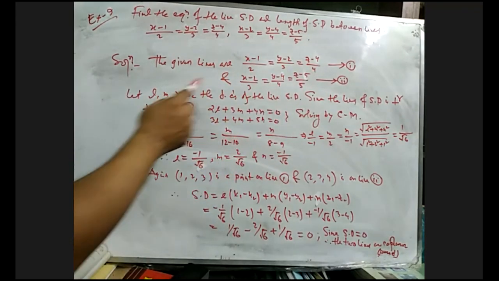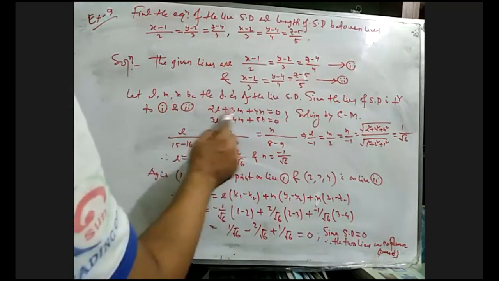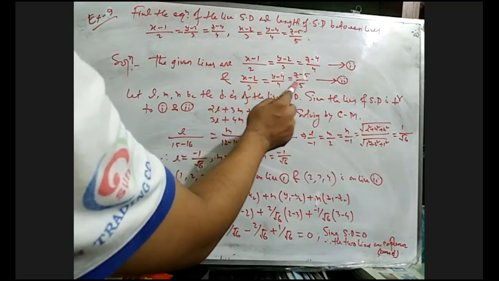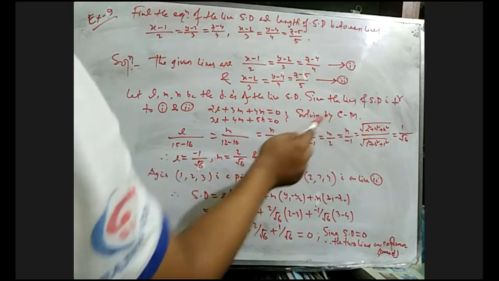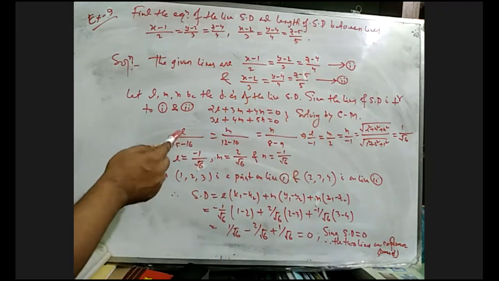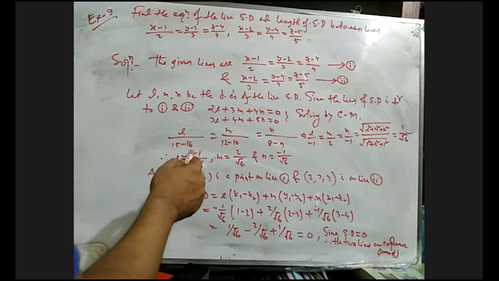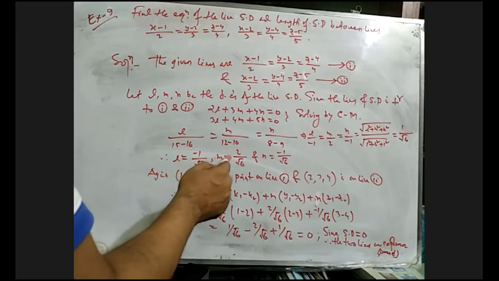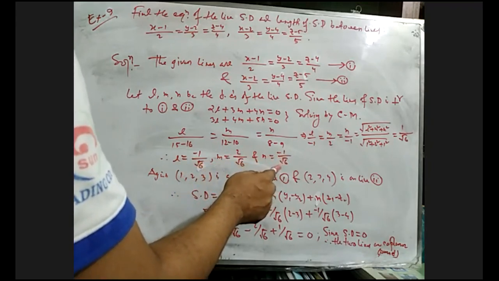Similarly, for the second line, 3l plus 4m plus 5n equals 0. Now after solving by the cross multiplication method, we get l equals minus 1 by root 6, m equals 2 by root 6, and n equals minus 1 by root 6.